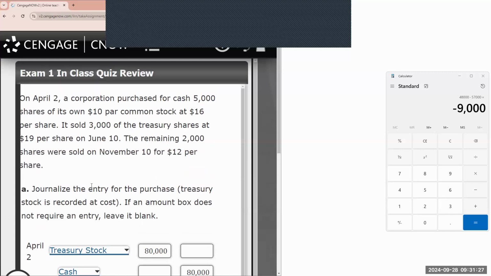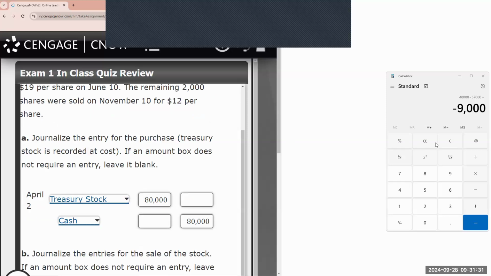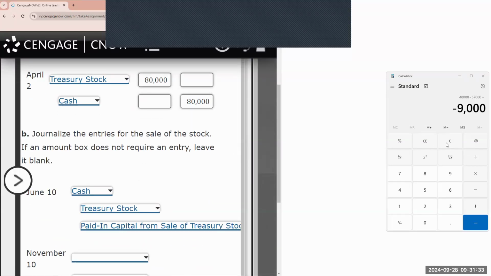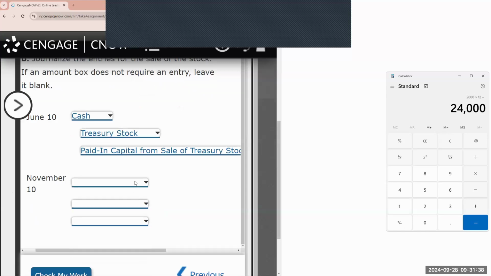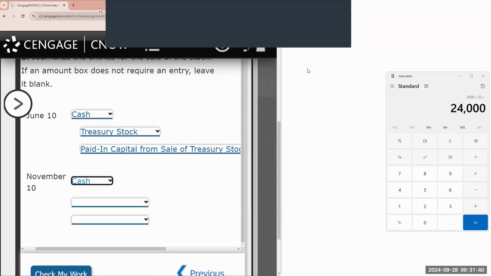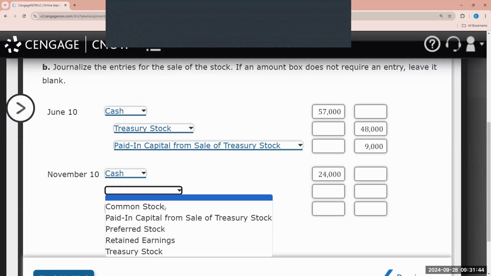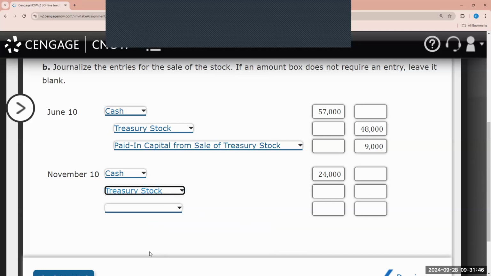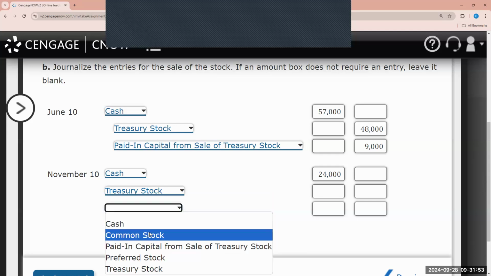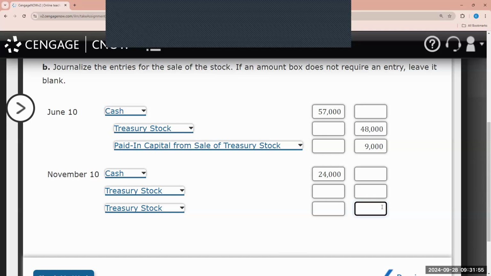And now the last part of the entry says that the remaining 2,000 shares were sold for $12 per share. So 2,000 shares times $12, we received cash of 24,000. The treasury stock value is 32,000, right?